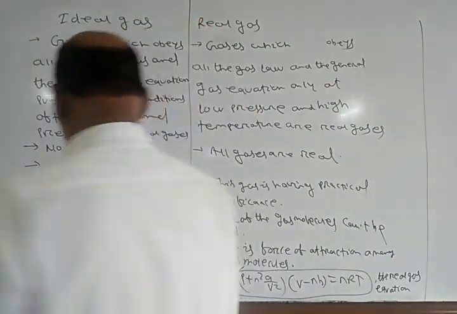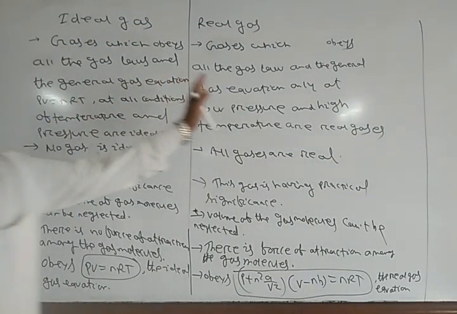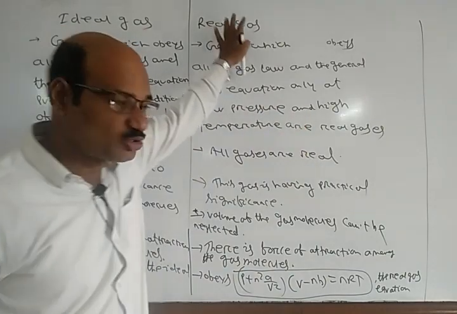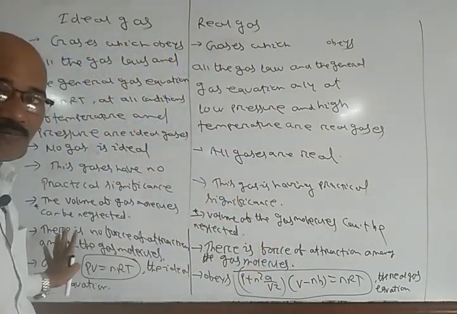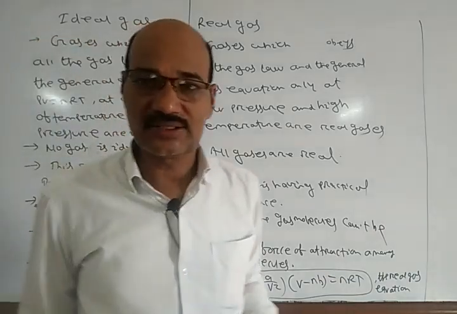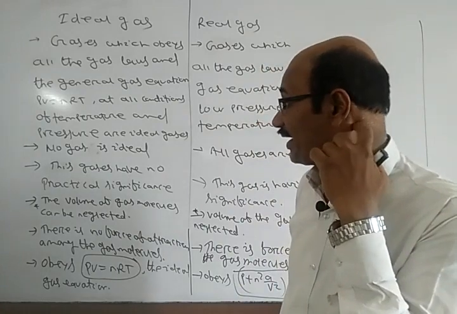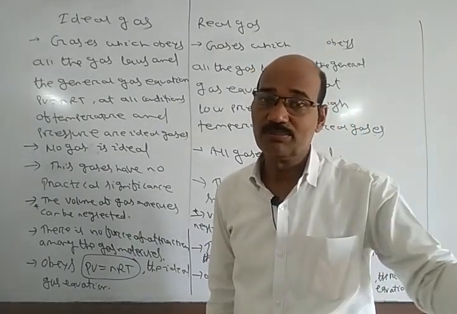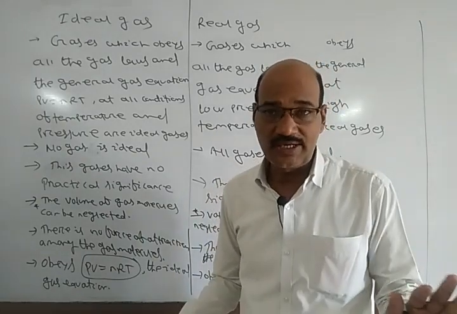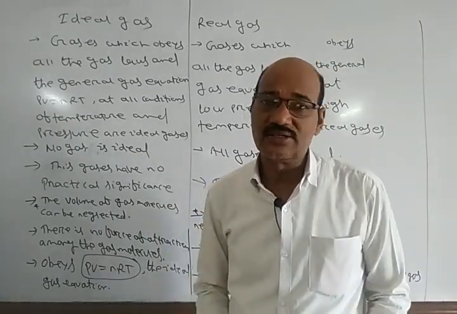So this is about what the ideal gas and the real gas are. This is only the ideal concept. Any gas can behave as an ideal gas only at low pressure and high temperature. But in real practice, no gas is ideal, all gases are real.